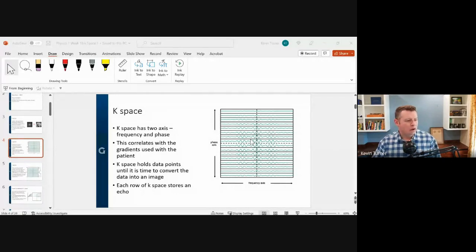All right. So K-space has two axes, frequency and phase. This correlates with the gradients used in the patient. K-space holds data points until it is time to convert the data into an image. Each row of K-space stores an echo. So every row of K-space is going to store one echo, which is why we like this model of K-space, because it shows us that.